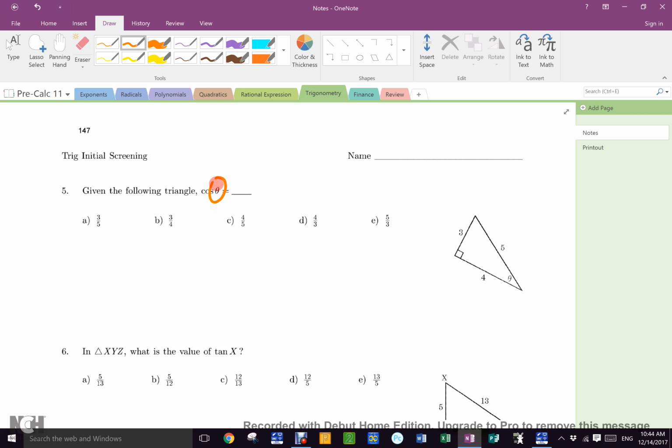Okay? Theta is right there. What is cosine? What is cos equal? Adjacent over hypotenuse. So what is adjacent to theta? 4. And what is the hypotenuse? 5. C.